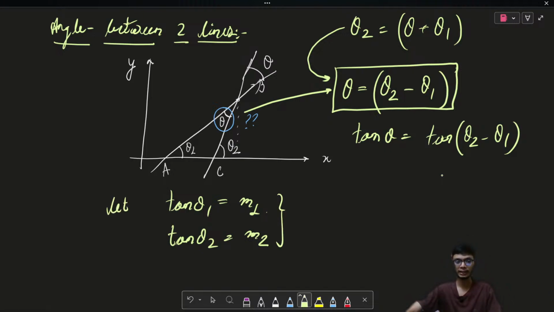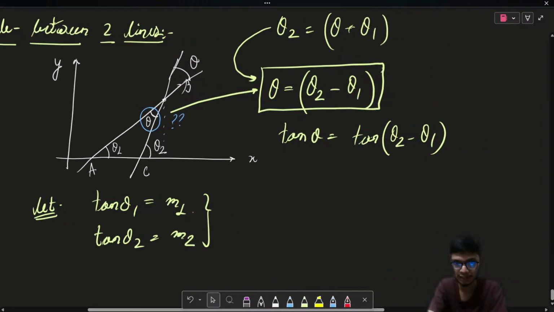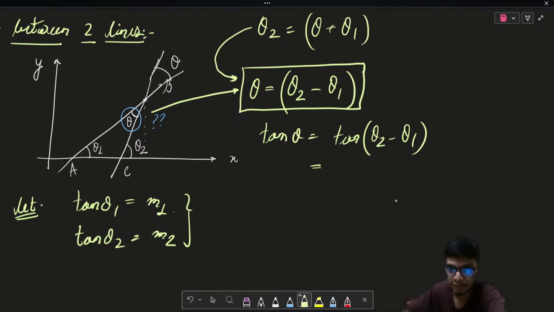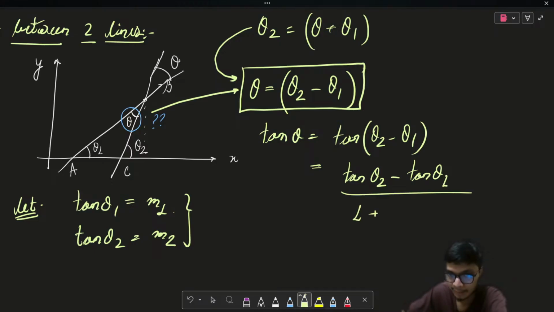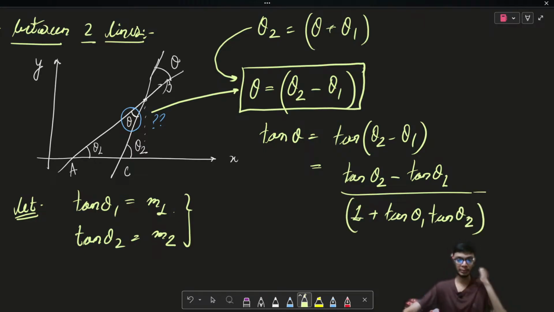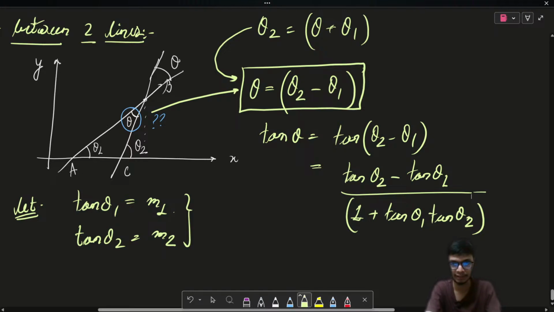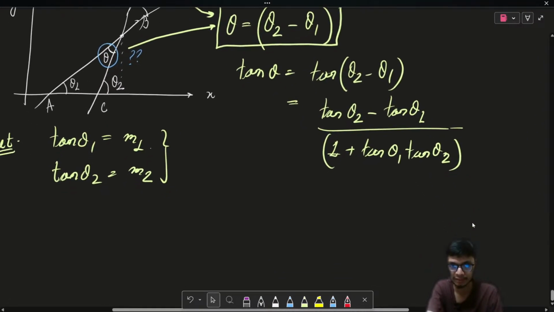If I expand this by the compound angle formula, then we know that tan of A minus B is given as tan A minus tan B divided by 1 plus tan A tan B. So here it will become tan theta 2 minus tan theta 1 divided by 1 plus tan theta 1 into tan theta 2, right?